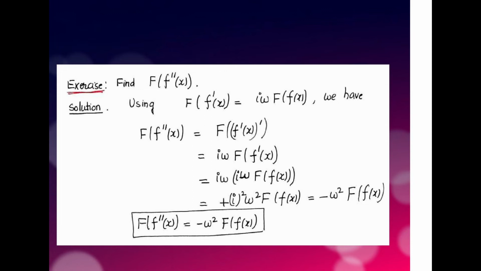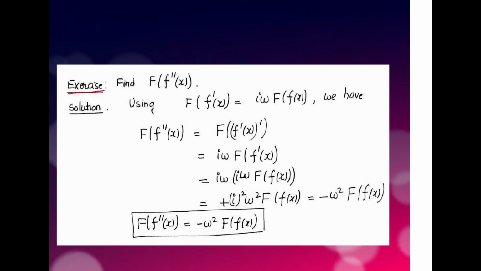One more numerical problem. Using the property of Fourier transform of derivatives, we will find out the Fourier transform of the second order derivative of a function f of x. Again, we can solve this problem directly by definition.